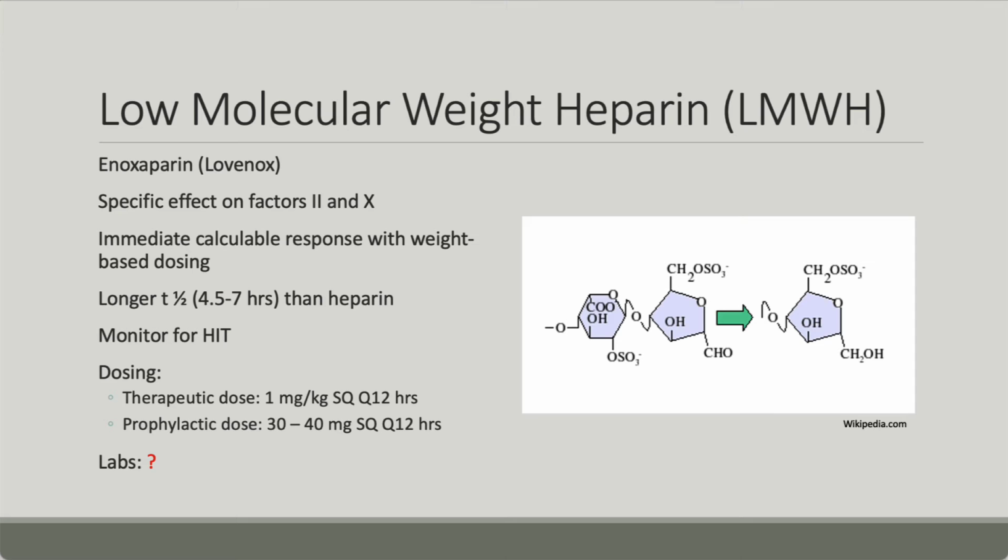Well, wouldn't it be cool if we could just get a piece of that heparin molecule and use just this and know that it affects the clotting in a predictable way without having to check a PTT all the time? Well, that's exactly what this stuff is. This is called low molecular weight heparin. And an example is enoxaparin or Lovenox.